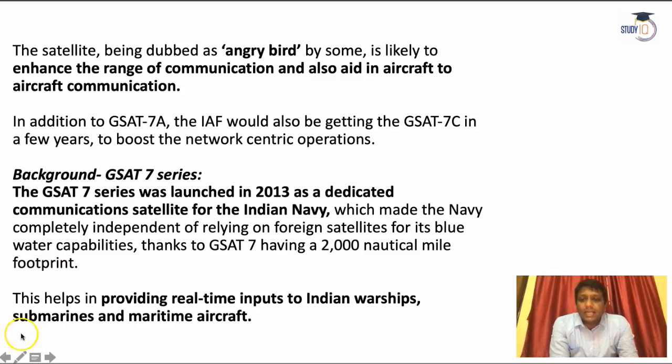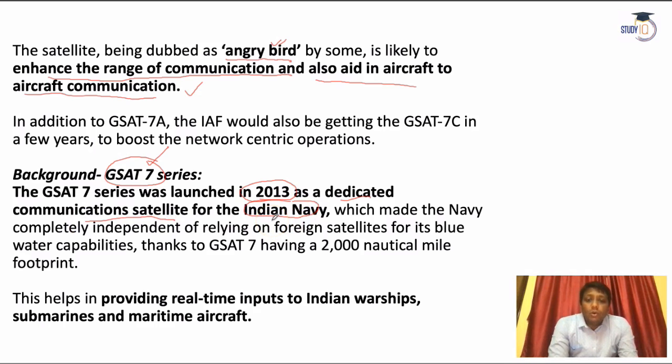See the next one, guys, it's also being called Angry Birds. Okay, it's being dubbed Angry Birds. The reason is it enhances the range of communication and also aids in aircraft to aircraft communication. Okay, what is the background of the GSAT 7 series? The GSAT 7 series was launched in 2013 and dedicated as a communication satellite for the Indian Navy.